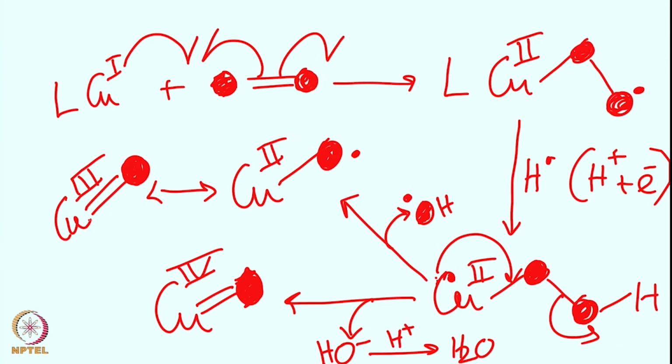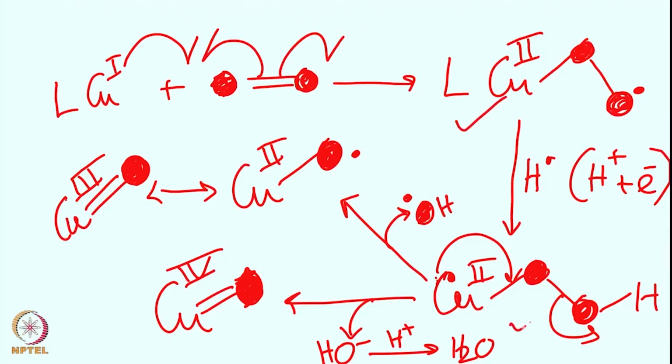Both of them are high valent cupryl species, and these are quite phenomenal species. People believe that this is what exactly is happening in case of PHM and DBM. This still remains a debate which is the active species, whether this is the species or this is the species or even this is the species. Even some people end up suggesting these are the species, right.